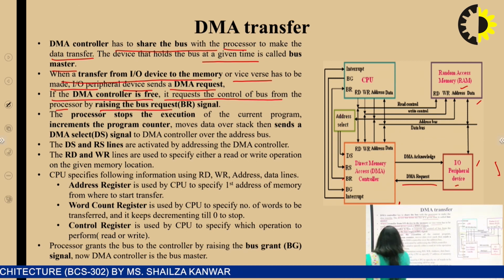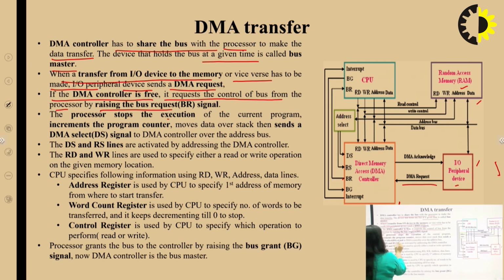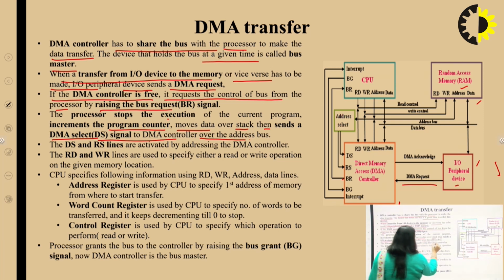Now the processor stops the execution of the current program and increments the program counter. It means it stores the address of whatever task it is doing in the program counter, moves data over the stack, and then sends a DMA select signal to the DMA controller over the address bus.